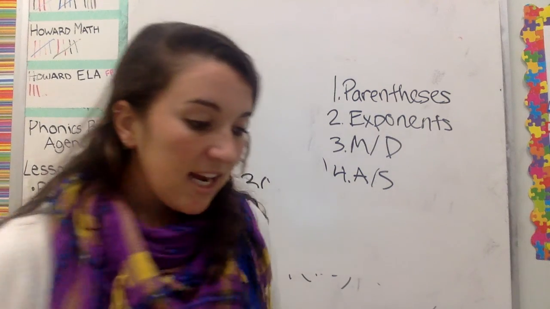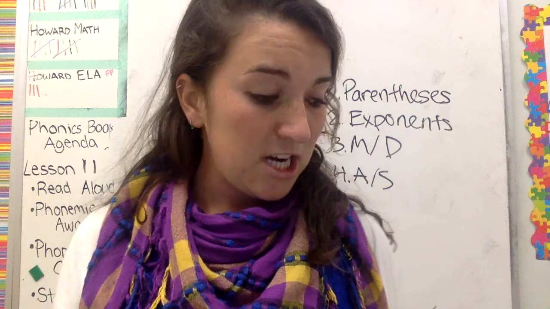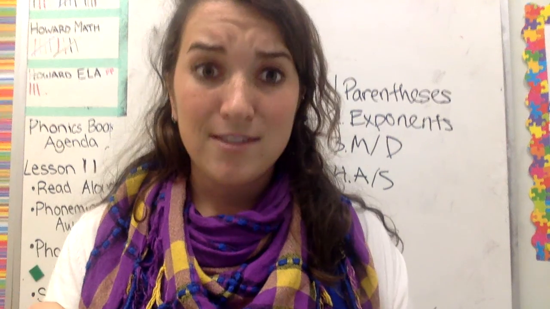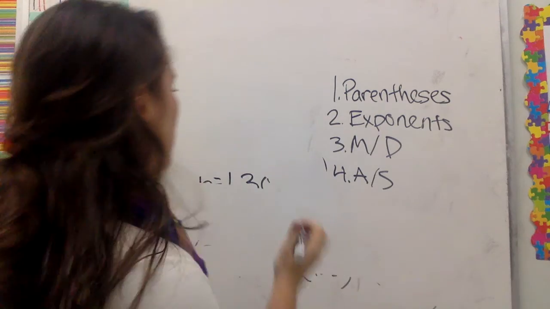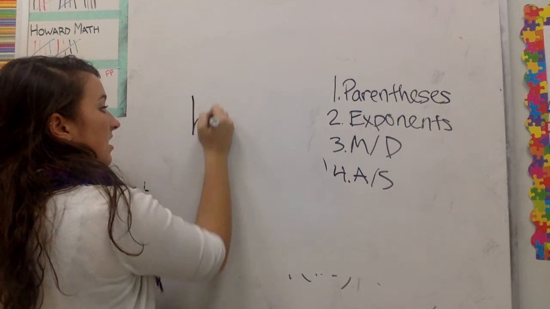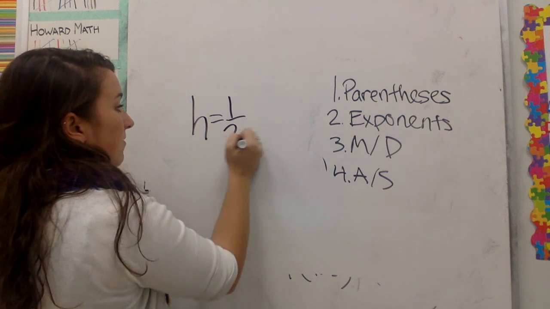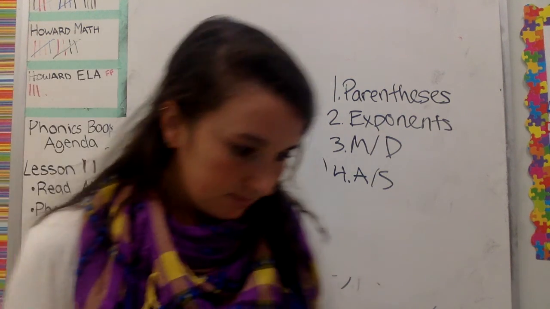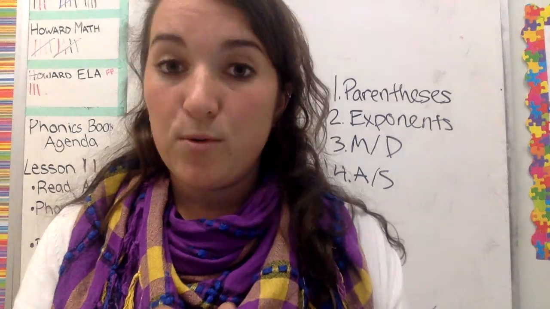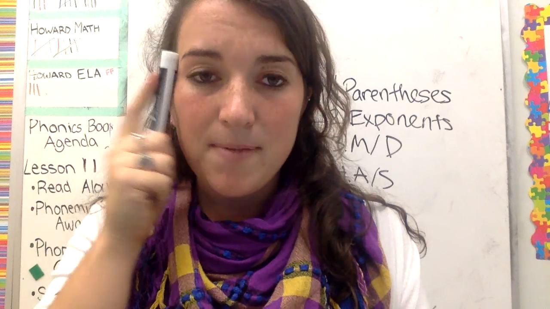The average height of a person can be shown by the equation h equals 1/2 w plus 30. Pause. We have an equation. Write it down. So h equals 1/2 w plus 30, where w equals wingspan. So keep that in mind.